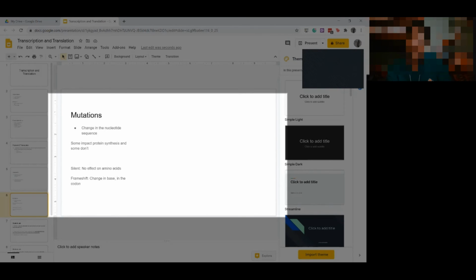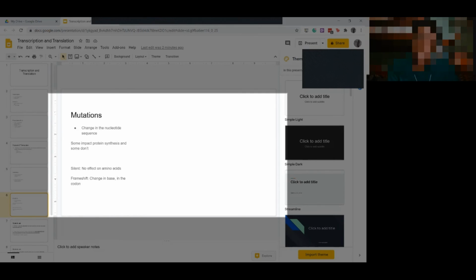And frame shift mutations are when codons, that's 3 nucleotides, so the whole entire codon is changed. And there's a change in that base pair, that particular amino acid. That's frame shift. Yeah, so I will do the lab based on all this information.